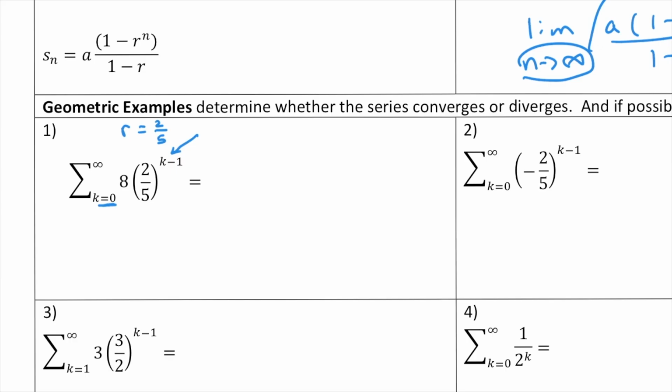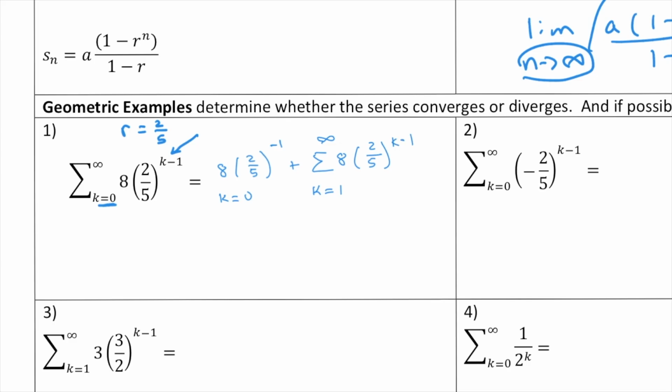If we were to think about this, starting at k equals 0, do your substitution, you have 8 times 2/5 to the k minus 1 power. So that's k equals 0. But remember what happens. We have all the rest of them to do, from 1 to infinity of 8 times 2/5 to the k minus 1.